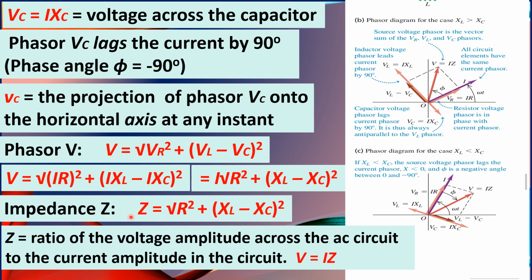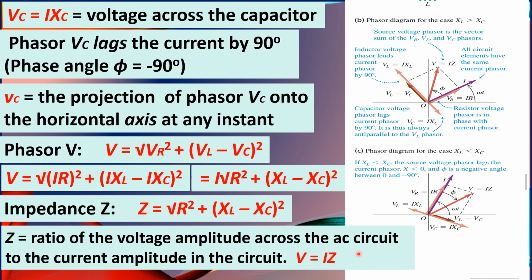Impedance is the resistance when we are talking about an AC circuit, whose definition actually is that impedance is just the ratio of the voltage amplitude across the AC circuit to the current amplitude in the circuit.